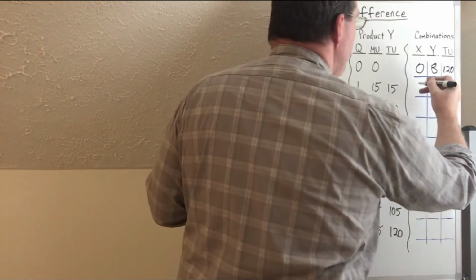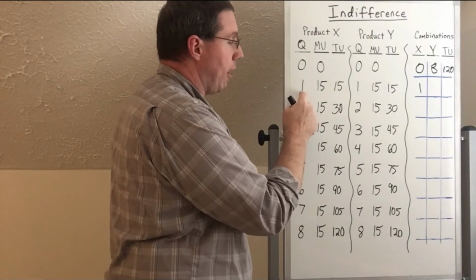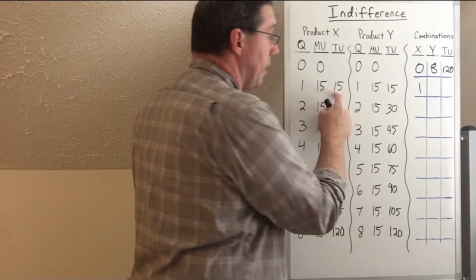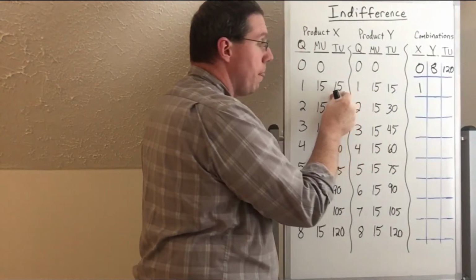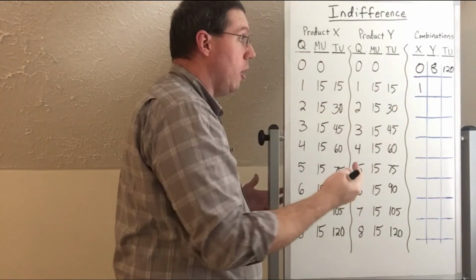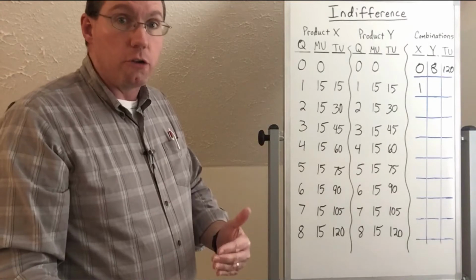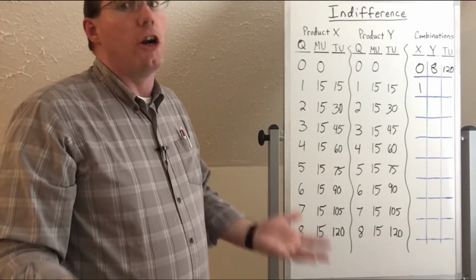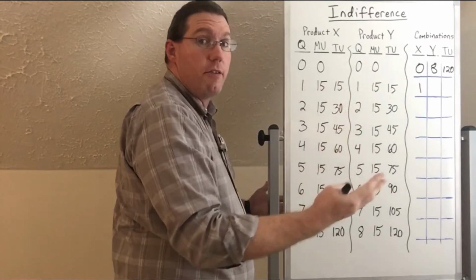Well, what if we consumed 1 unit of product X? How much utility would we get? We'd get 15. Well, if we want a total of 120, we need a number to add to 15 to get 120. That other number is 105, because 120 minus 15 is 105.